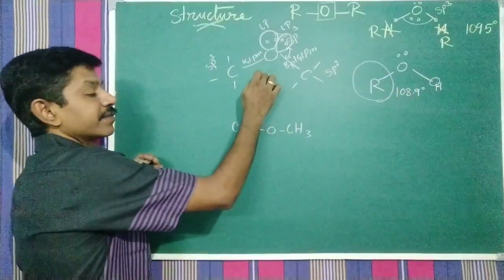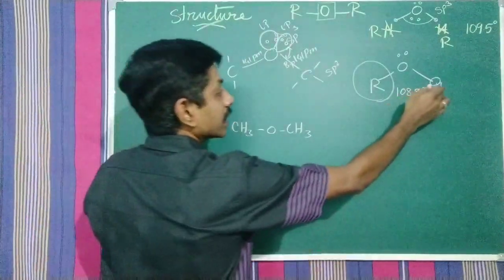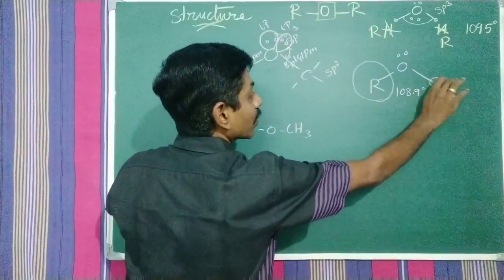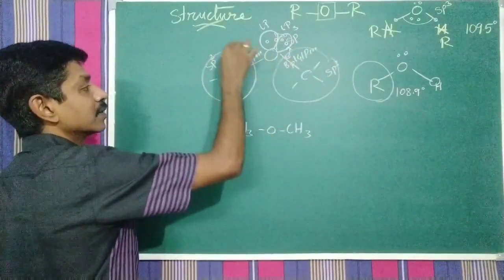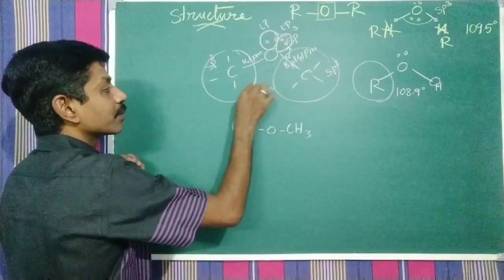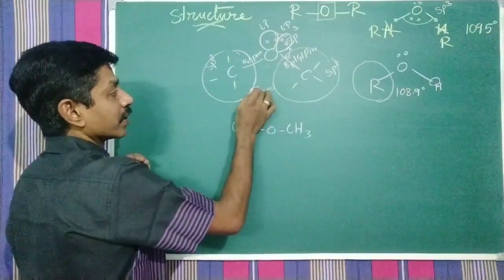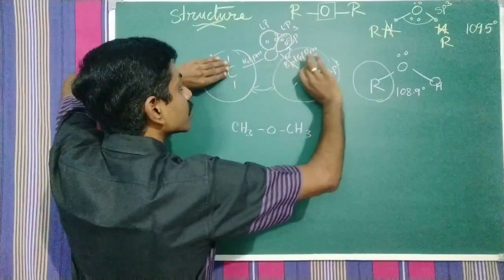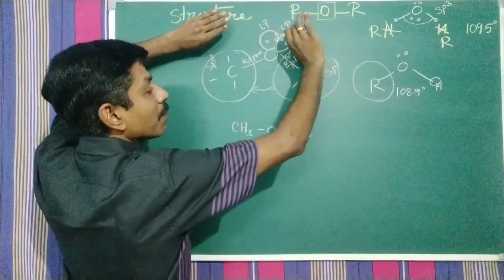The same effect we expect here, but that is not possible because in alcohol there is only a hydrogen atom on one side, but here two bigger, bulkier groups are available. So they will have their own repulsion. The bulkiness of the alkyl groups will repel each other, so the alkyl groups will try to go up.